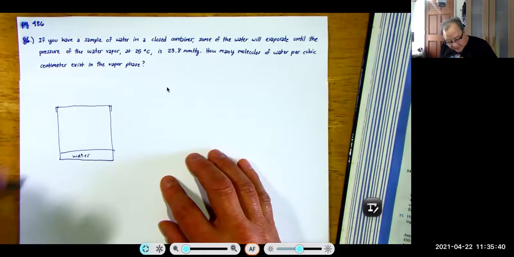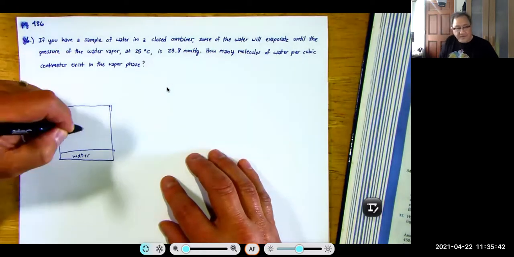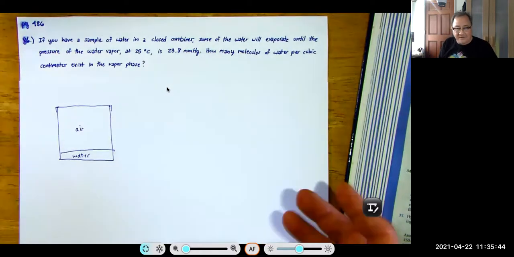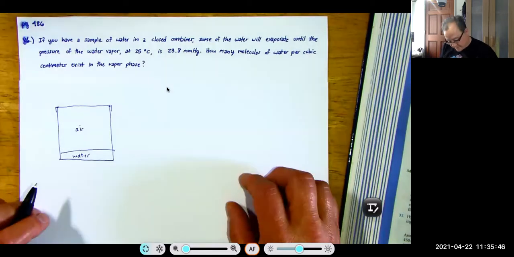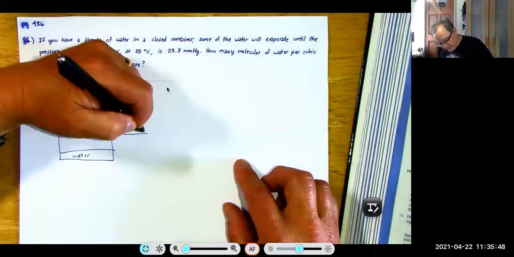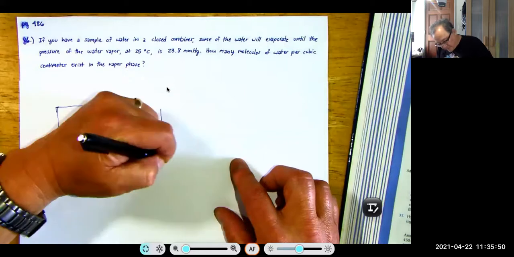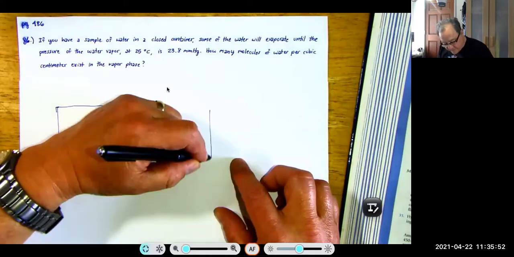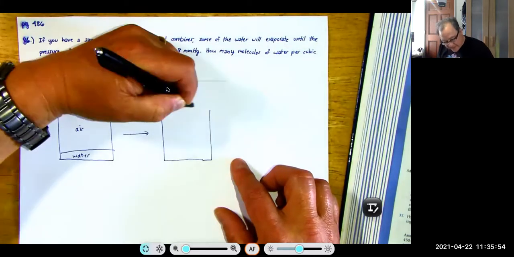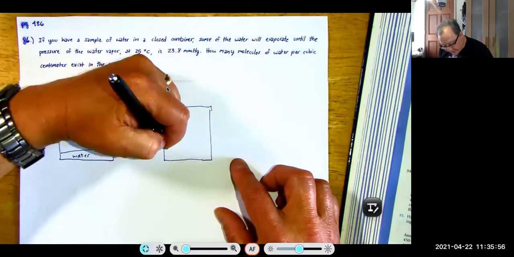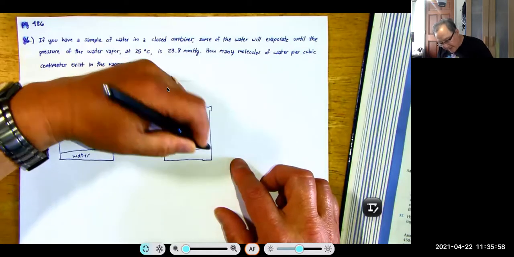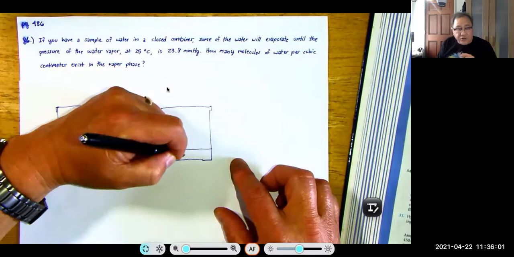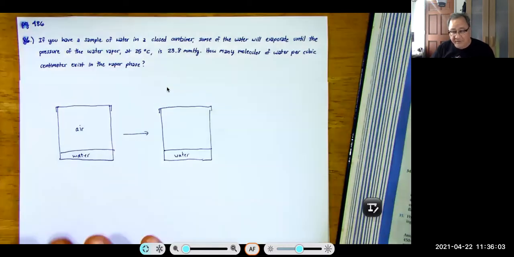And there is air in here. I mean, you can't put water in a container without air. Fair enough? And we're assuming that the air has no water molecules in it whatsoever. So it's what we would call dry air.